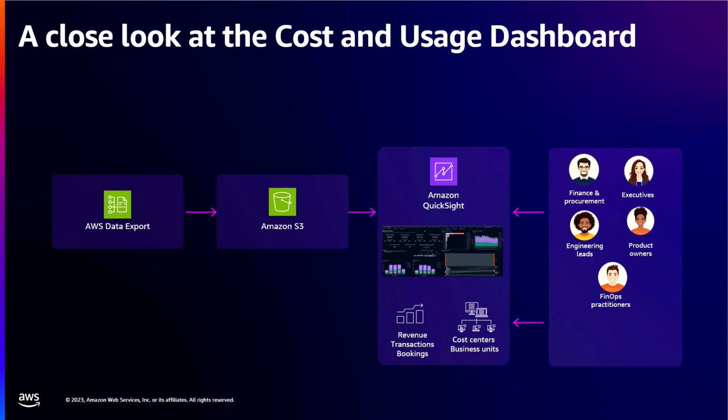And then they can create an analysis in QuickSight out of the dashboard and customize pretty much any aspect of it, or extend and build on top and create visuals and widgets which leverage this combined data set.